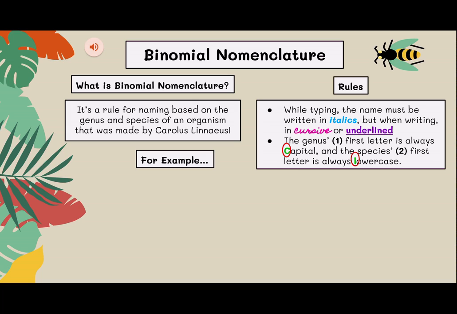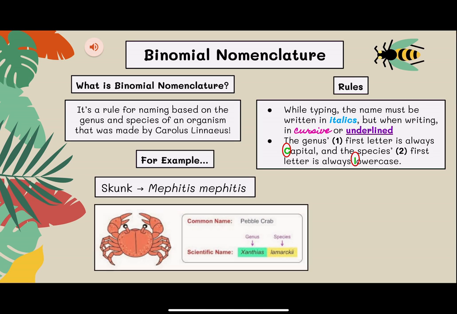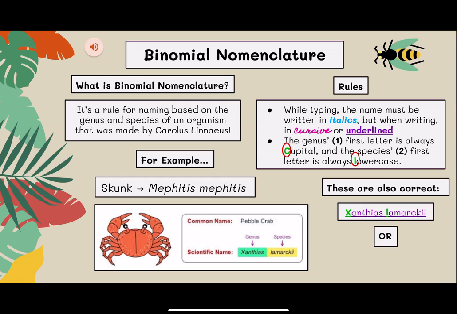The genus, which comes first, its first letter is always capital, and the species, which comes second, its first letter is always lowercase. For example, we can take a look at the pebblegram. It can be written this way or this way.